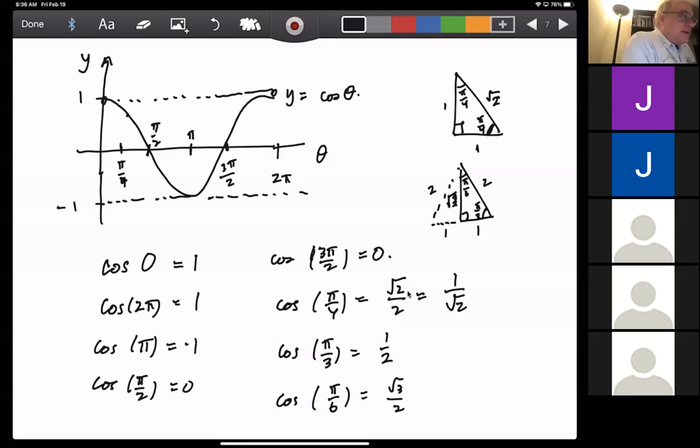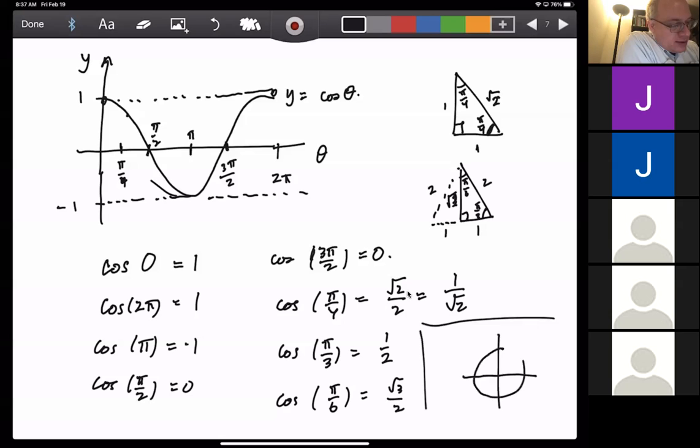Okay, so the dot product is connected to the cosine. You should remember what the cosine function looks like. Another connection here: remember the unit circle centered at the origin.